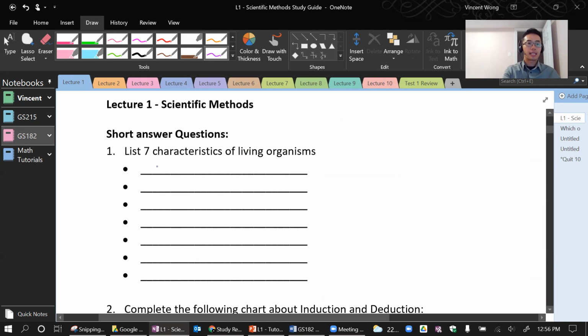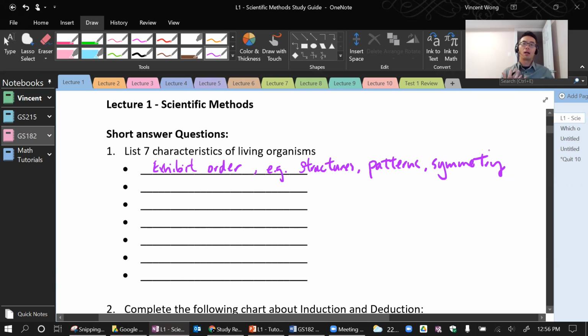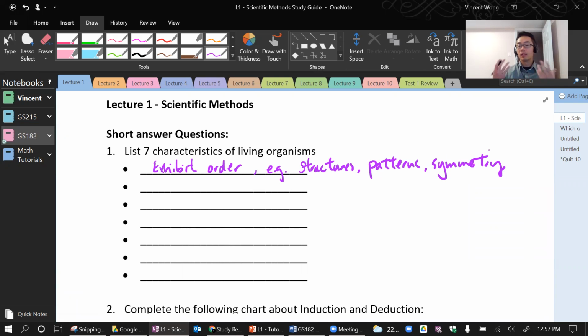So the first characteristic is that they exhibit order. For example, there are structures, patterns, symmetry. There is some kind of orderly architecture to the living organism.